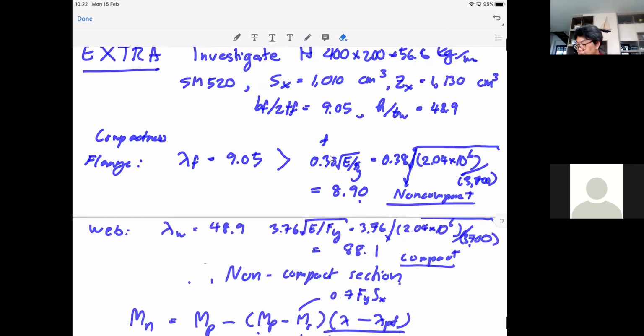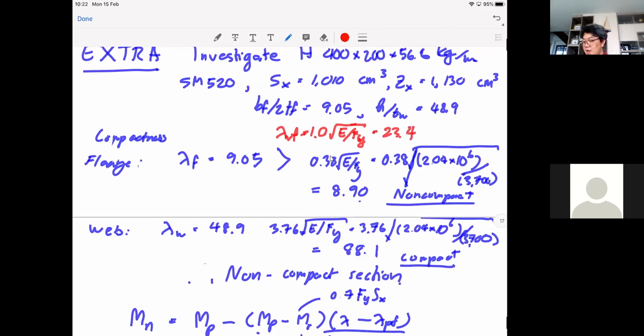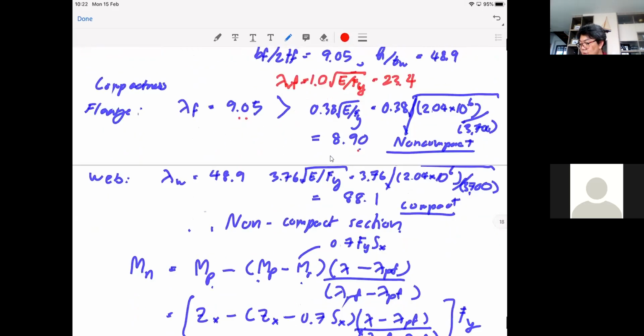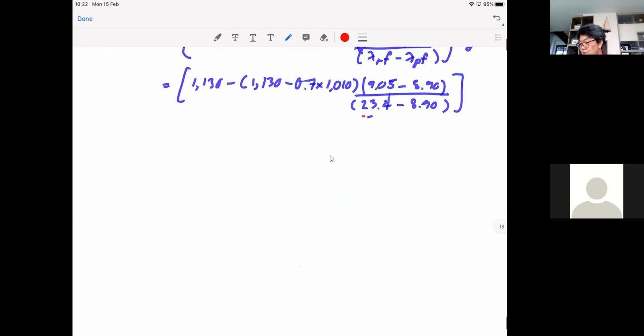Lambda RF is equal to 1.0 square root E over Fy, and that is equal to 23.4. So yeah, the ratio is 9.05. It exceeds lambda p, but not lambda r, which is equal to 23.4. Okay, so that's the 23.4 that you may wonder about.